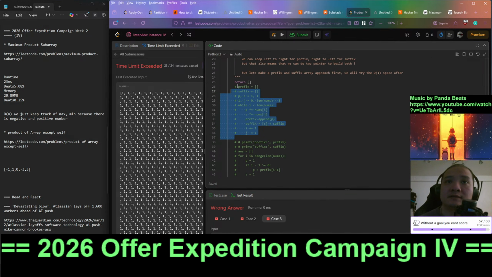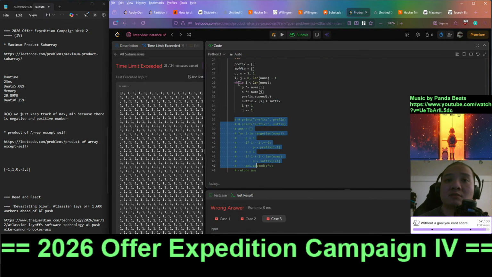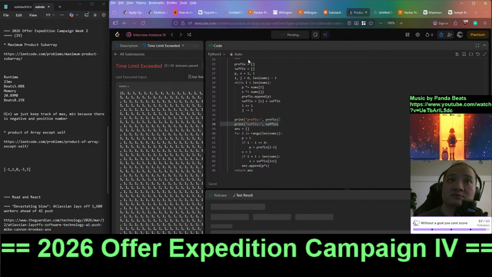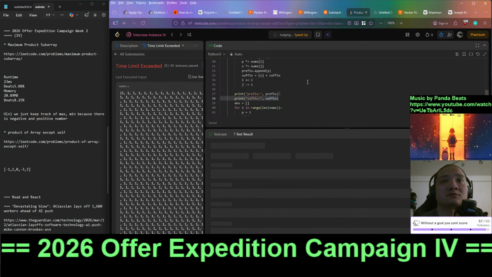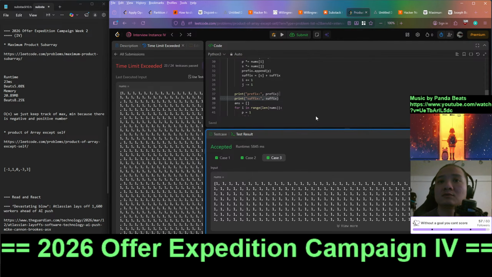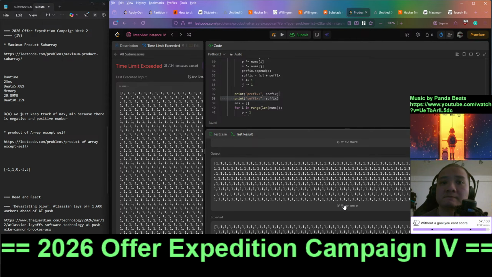Right, so our algorithm here, which is basically O(n), right? Somehow it is out of time limit. Right, okay, so runtime is fine here, but it took some time here.